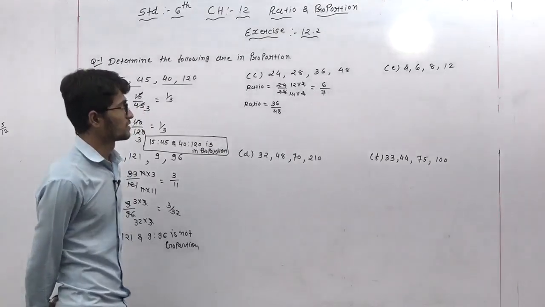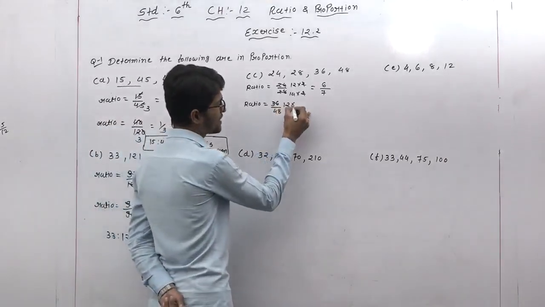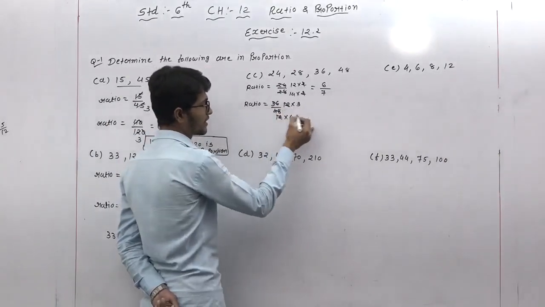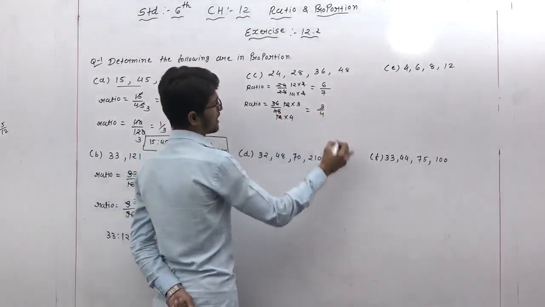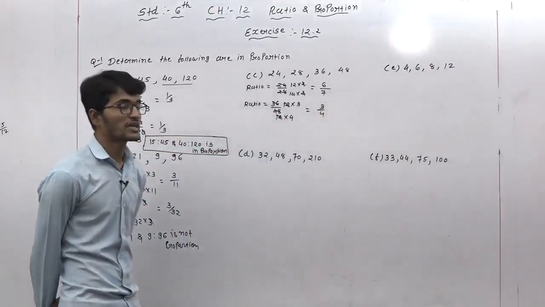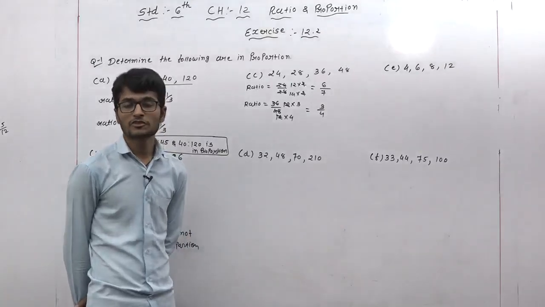Let's check the second one. Here directly 12 multiplied by 3, 12 multiplied by 4, 12 cut, answer 3 by 4. So dear students, let's check whether the ratio is the same or not. No, the ratio is not the same.